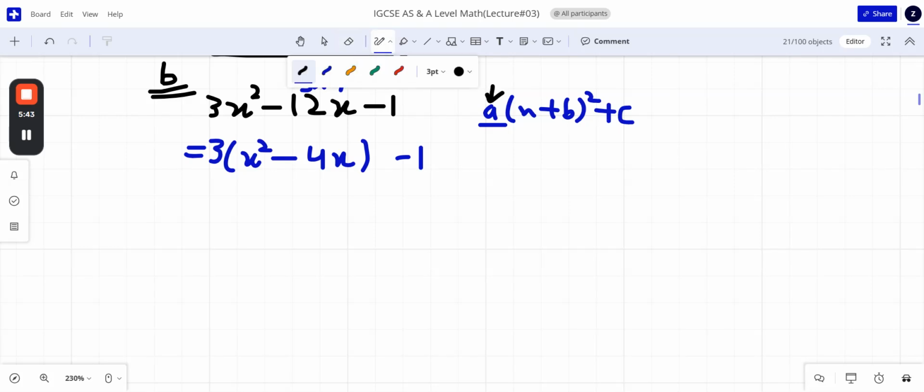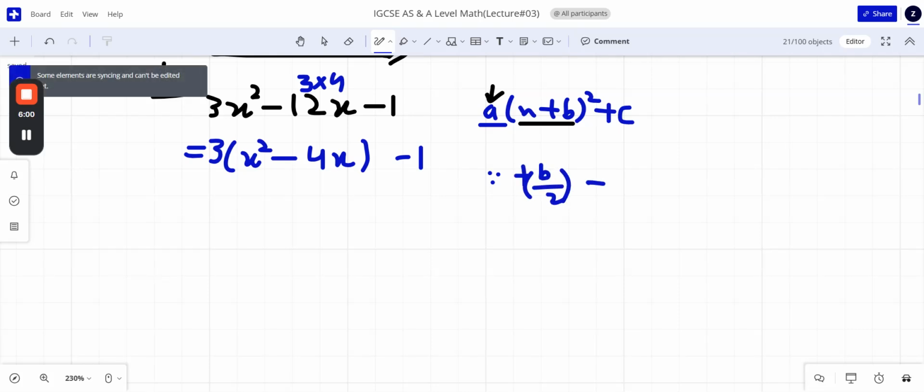The second step is to complete the square inside the parentheses. We are going to use the second method: add b by 2 whole square and at the same time subtract b by 2 whole square.